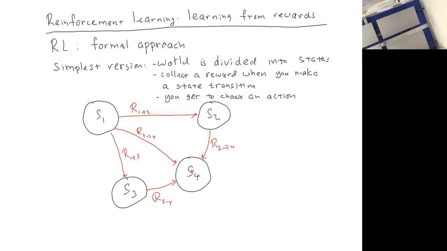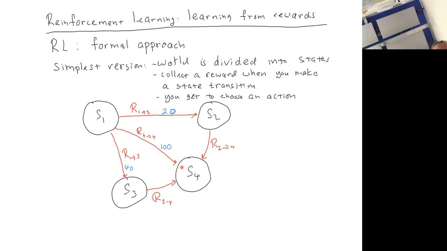And now let me give you some possible rewards. Let's say this was 100, this was 20, and this was 40. So if you're in state 1, it looks like you collect the most reward if you take 100, but you don't actually know the other reward structure.